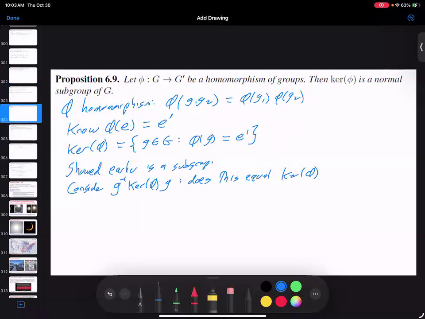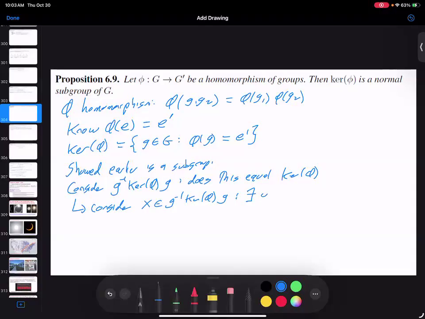So what do you think? Well, consider any x in g inverse kernel phi g.